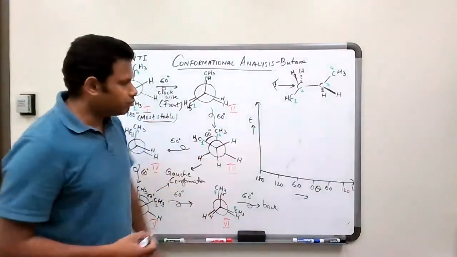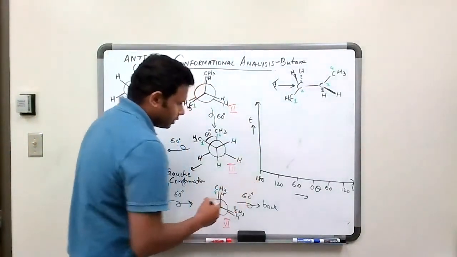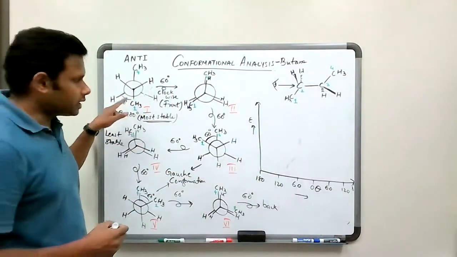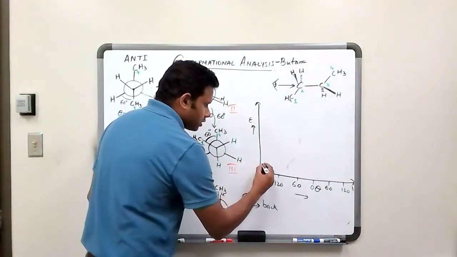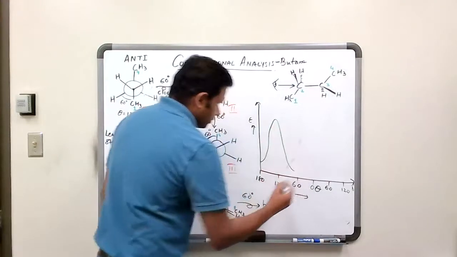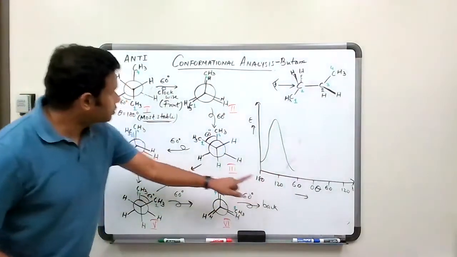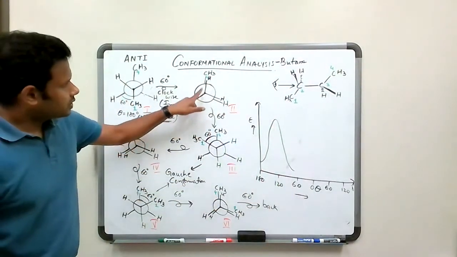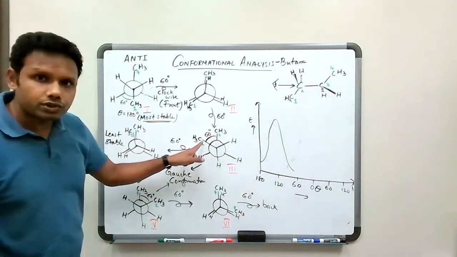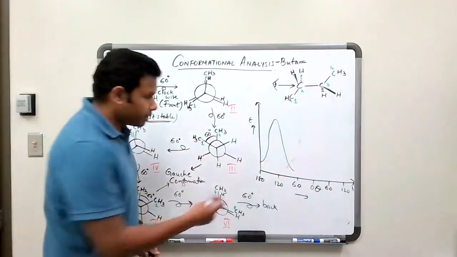Unlike that, in case of butane, 180 degrees is something stable. That's the anti-conformation. So we are now starting low. So you go up, you come down. Notice how 120, 60 degree change is an eclipse conformation. When you go to a 60 degree, gauche is stable, but again, sorry.